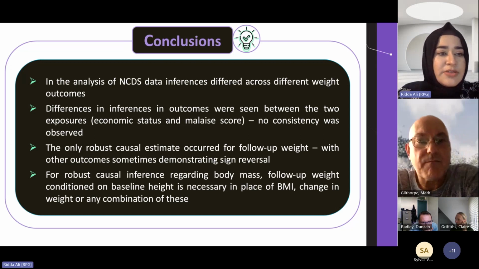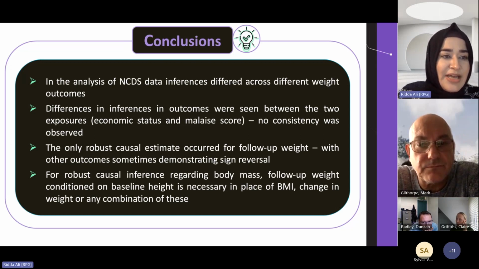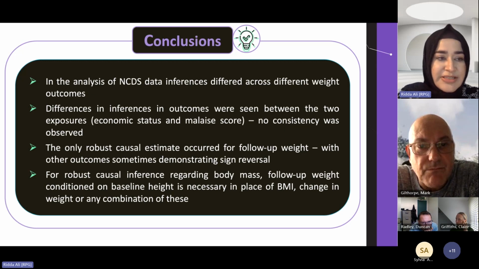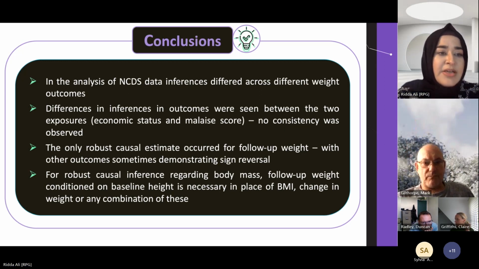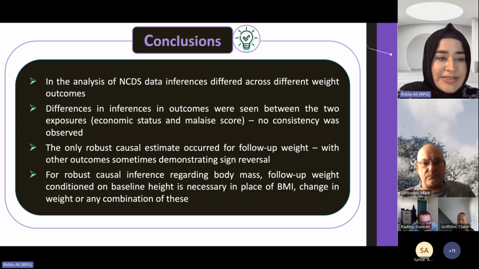So to conclude, the DAG-informed analysis of the NCDS cohort surveys at ages 23 and 33 shows that inferences differed across different weight outcomes. Differences in inferences in outcomes were observed between the two exposures, economic status and Malaise score, and no consistency was observed.